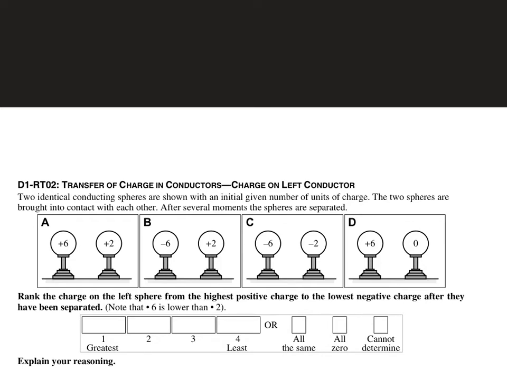But what's going to happen to the total amount of charge on each sphere? They'll average out. So one way you could rank these is to compute the average charge, because the left sphere is going to have the same charge as the right sphere after conduction. Because they're identical, the surface area is the same. So they will equalize charge, which can be computed by the average.